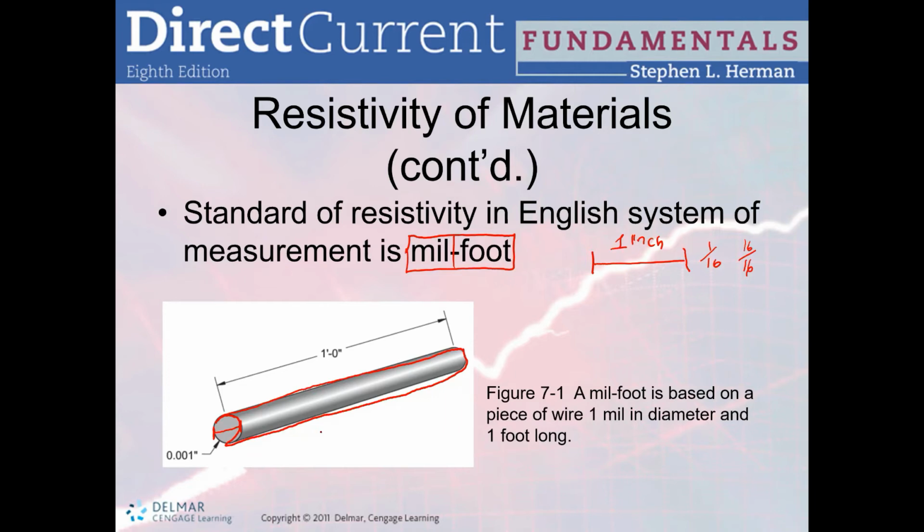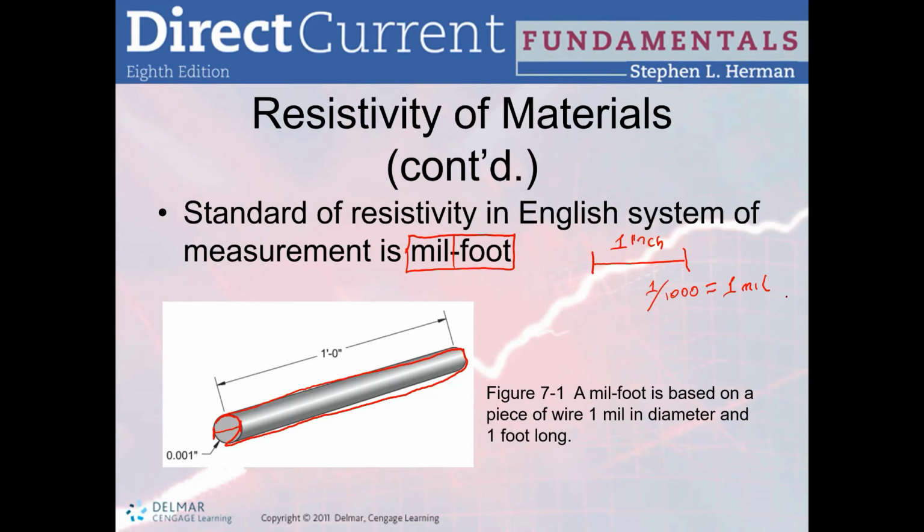Now, I began by telling you how many spaces 1 inch is divided into, because I want to bring to your attention that in the case of the mill foot, 1 inch is divided into 1,000 equal pieces. In other words, 1 divided by 1,000 is equal to 1 mil, a 1 mil diameter. That's a very minute unit.